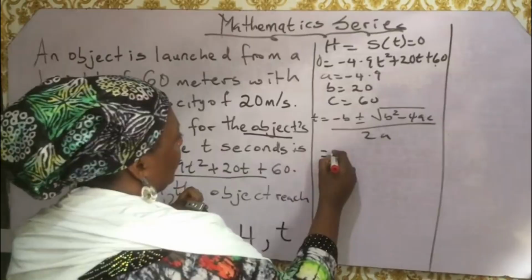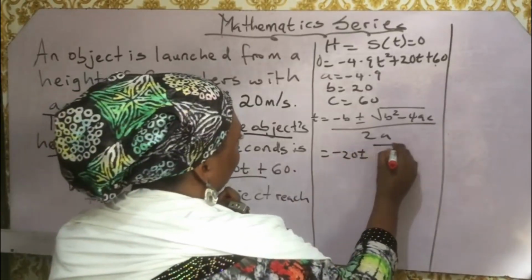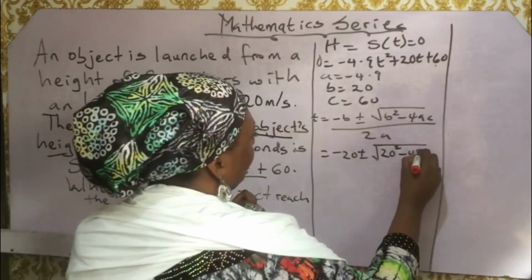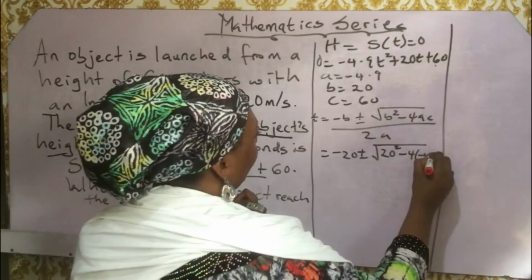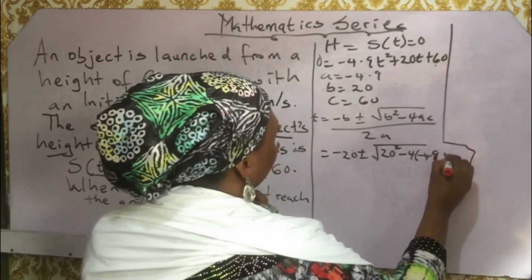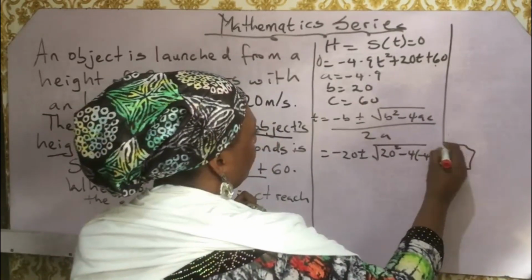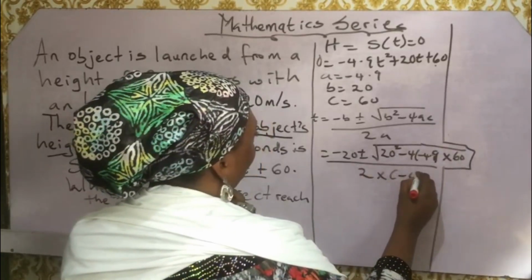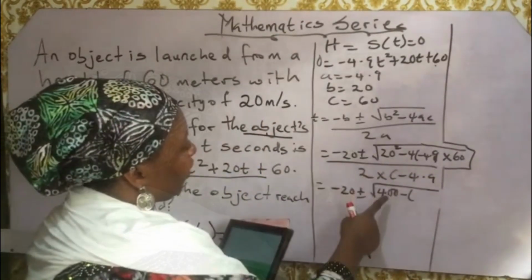Negative b will be negative 20, plus or minus the square root of b squared, that is 20 squared, minus 4 times a, negative 4.9, times c, which is 60, divided by 2a, that is 2 times negative 4.9. 20 squared is 400.